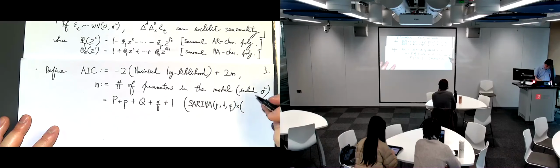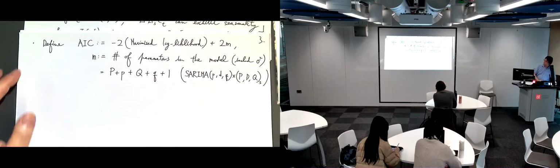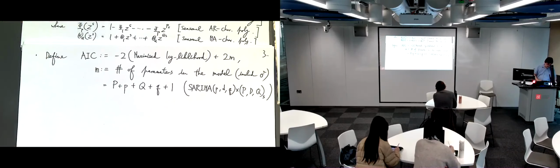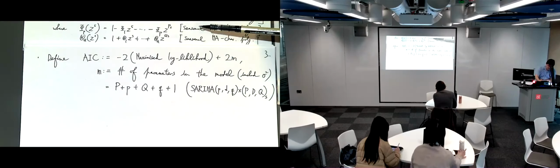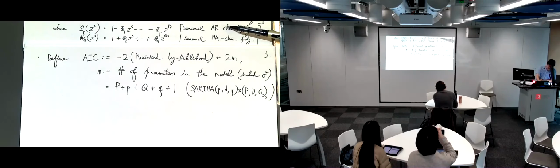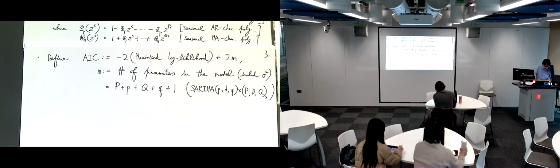Multiply with the big P, big D, and big Q with subscript S. S is the seasonality, and this big P is the order of the seasonal AR characteristic polynomial. Big Q is the order of the seasonal MA characteristic polynomial. The big D is the order of the seasonal difference.